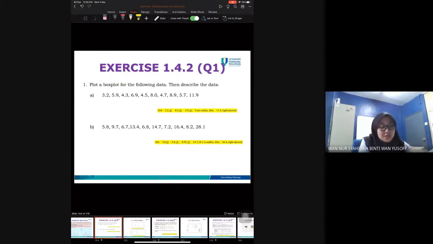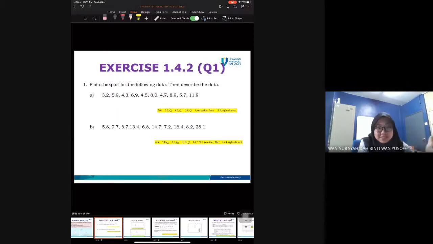It's up to you: you can use the formula of the median or the formula of Q2, both will give you the same value, but to be easy, we just use quartiles. The fourth is the value of Q3, and the last one is the maximum value of your data set. So your box plot is about those 5 number summaries.